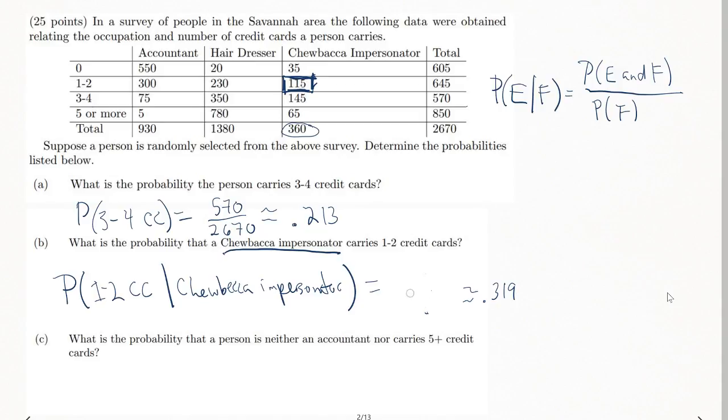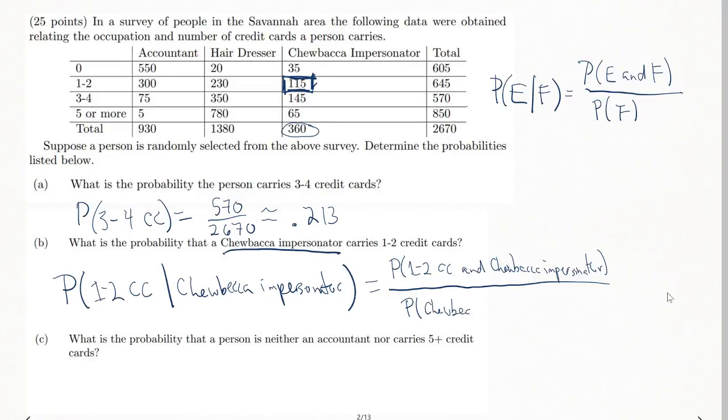So the way to do this one now, how will we go about doing that? Well, probability of E and F. So this would be the probability of 1 to 2 credit cards and Chewbacca impersonator divided by the probability that that person's a Chewbacca impersonator. Okay, so this might be one that you're more comfortable with, and that's fine.